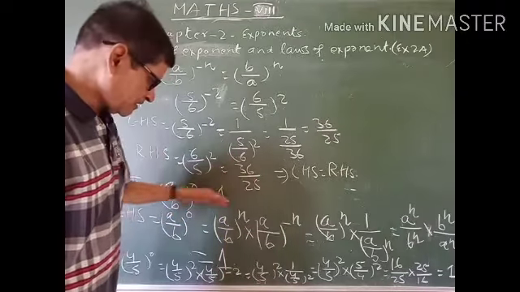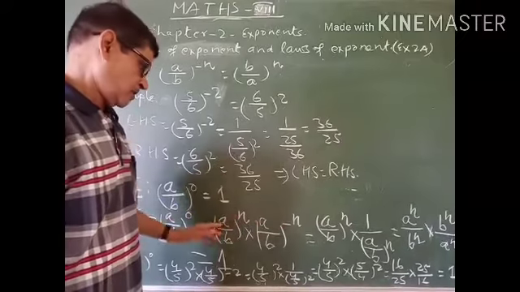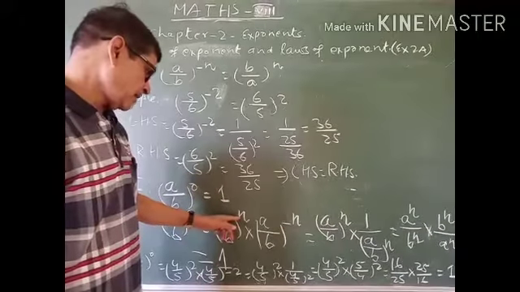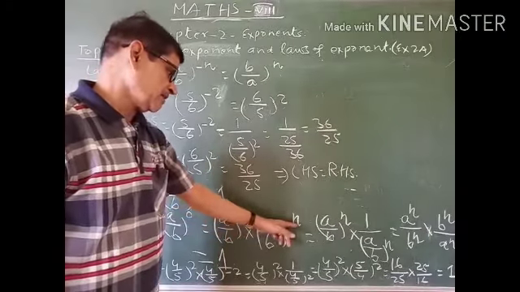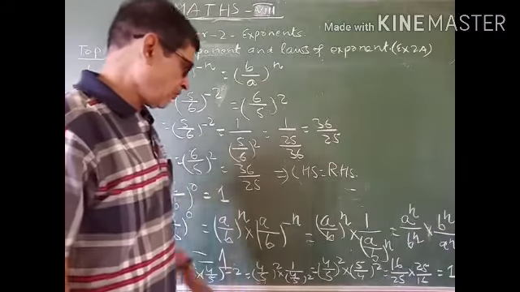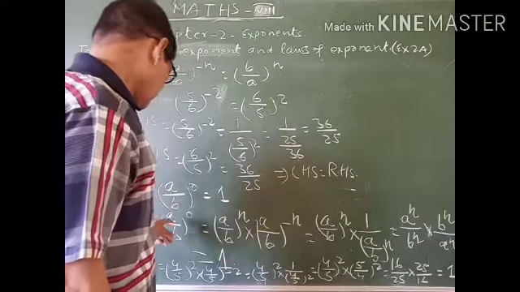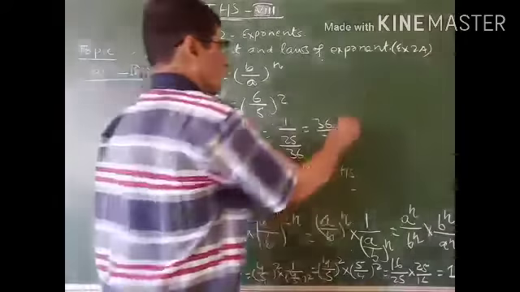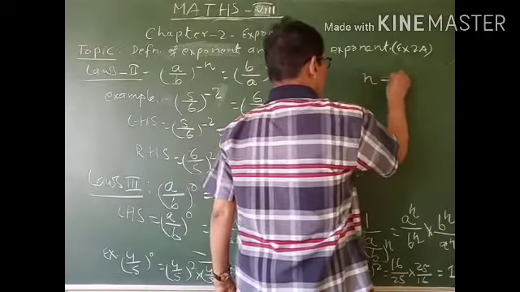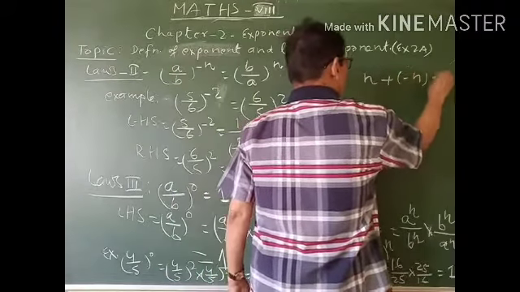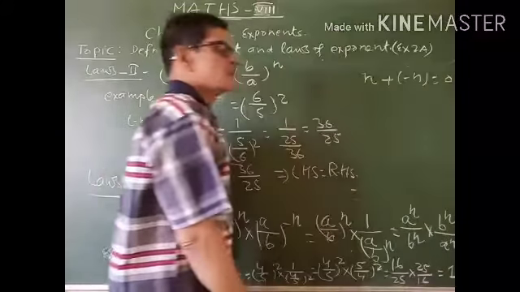I have considered this expression because if you add n and minus n, this will give you 0. If you add here n plus minus n, this will give you 0.